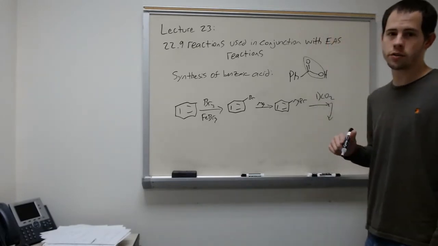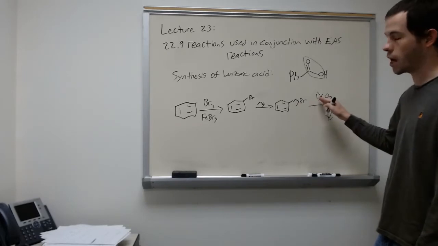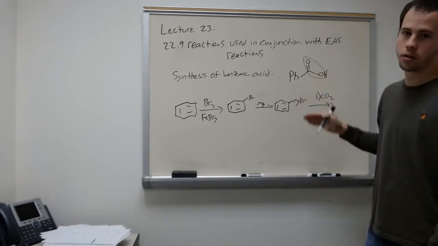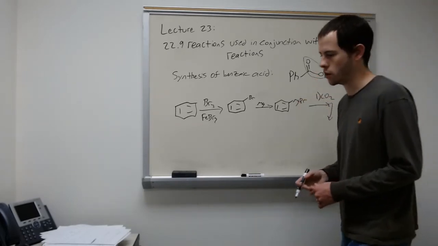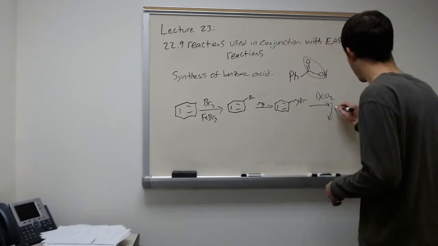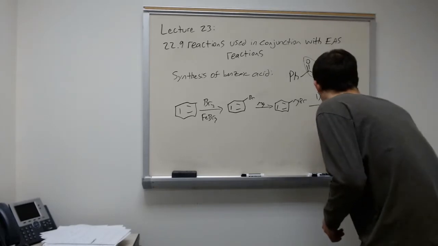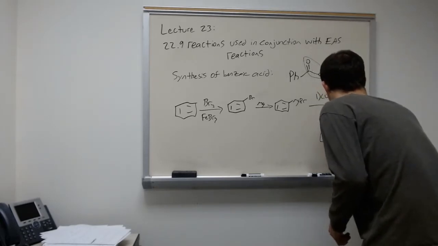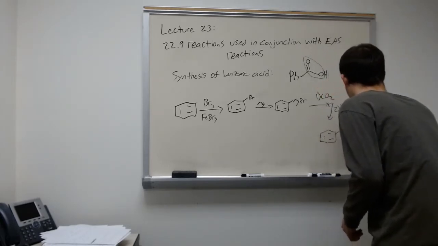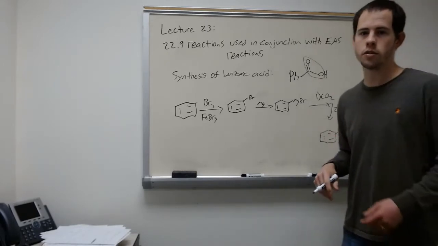That would serve as our electrophile, so our Grignard would come in and attack. We move the electrons out onto one of the oxygens, and then we need a step 2 to protonate it. And this would get us to our benzoic acid.